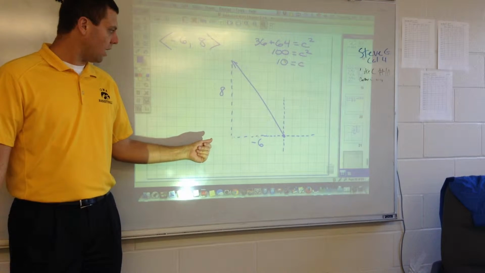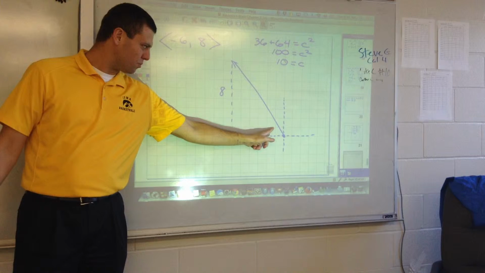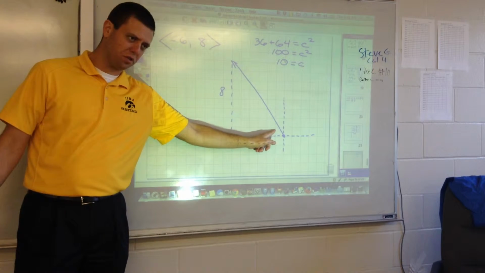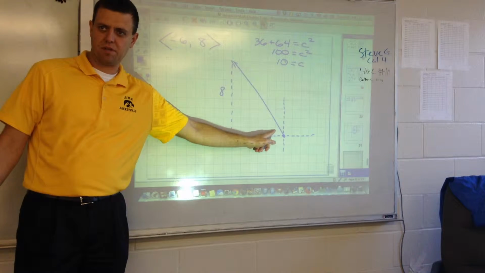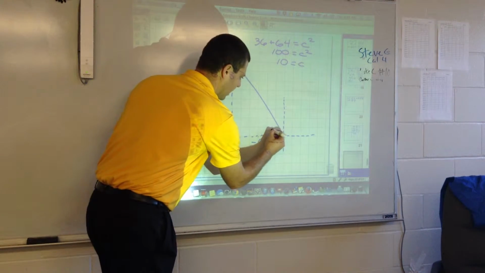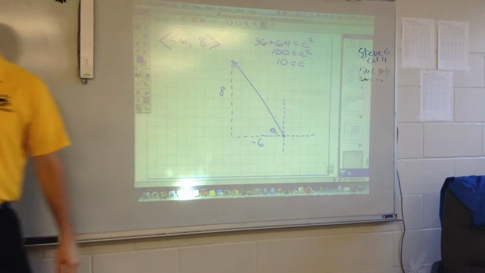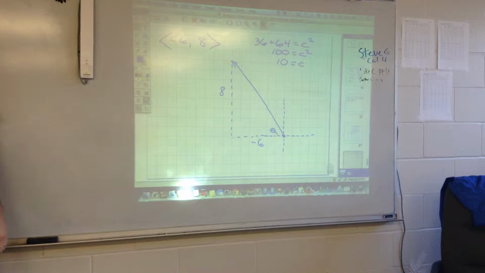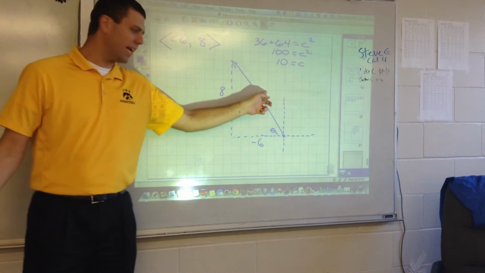So in this case, this is the angle we should be able to find the measure of. What would we use to find, I'll call it theta for right now? What would we use to find theta? Derek? Inverse sine of 8 over 10. Perfectly fine, because we know that's 10 now.